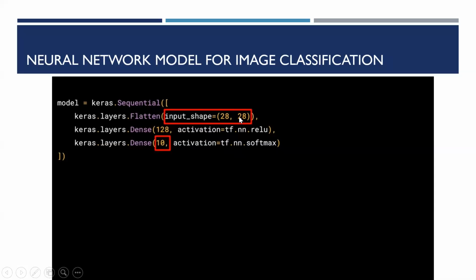So we'll make it a vector of size 784 by 1 through this flatten function. So we are feeding in these images as a vector of size 784 by 1 in this first layer. And then after that, we have the dense layer. Earlier you had only one neuron, but here we are using 128 neurons.